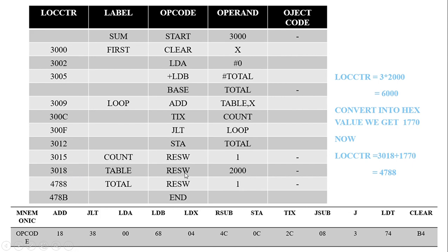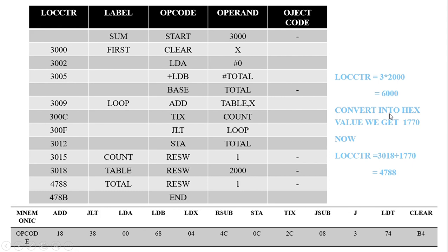Next instruction is RESW 2000. With RESW, we are reserving words, here 2000 of them. Therefore we multiply 3 by 2000 and get 6000, which is in decimal form. We need to convert it into a hexadecimal value.